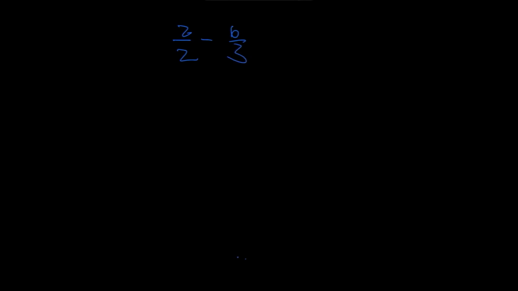I can do this two ways. I can do it how we've been doing it, by converting the two denominators into the same number by writing the multiples for 2 and 3. For 2 I get 4, 6, 8, 10, and then for 3 I get 6, 9. I'm just going to stop right there because we have the common denominator right here.